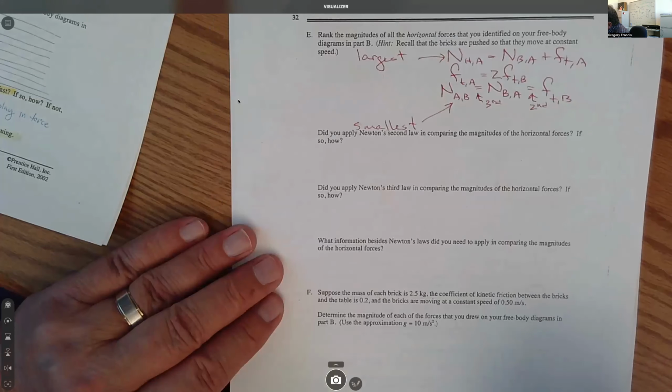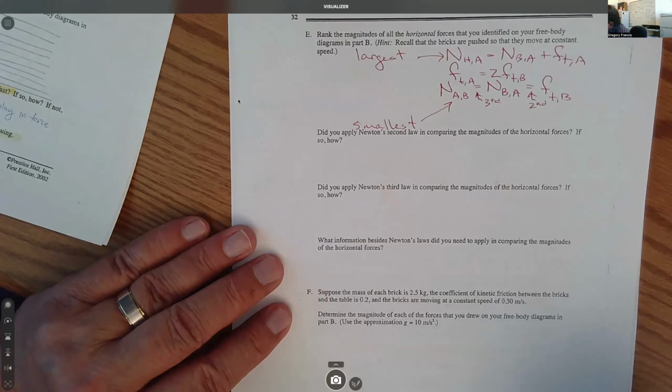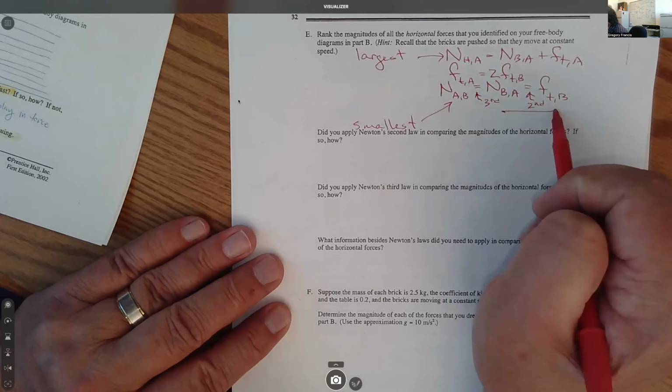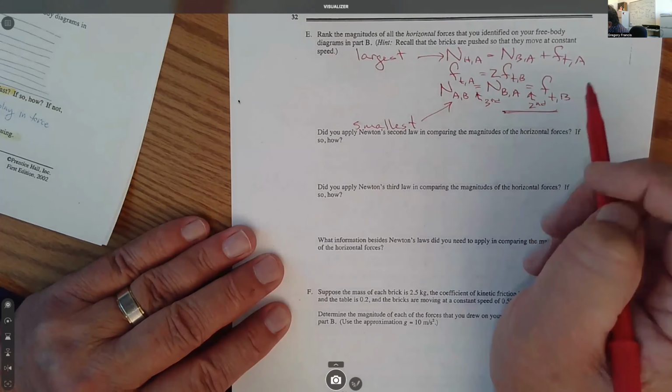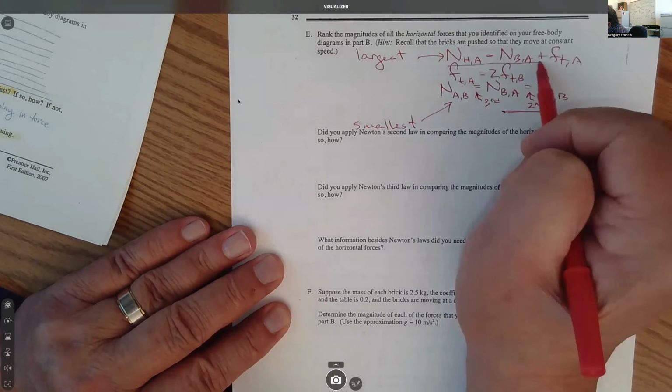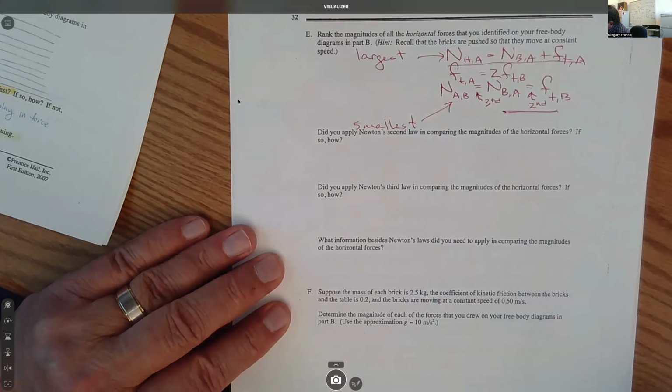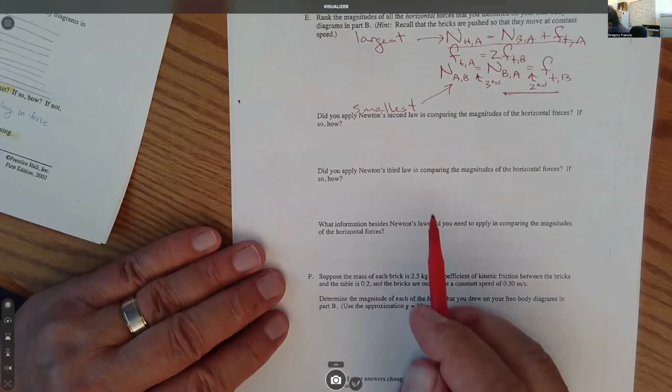Did we apply Newton's second law in comparing the magnitudes? Yes, we did it here on the free body diagram for B, and we did it here on the free body diagram for A. So did we apply Newton's third law?